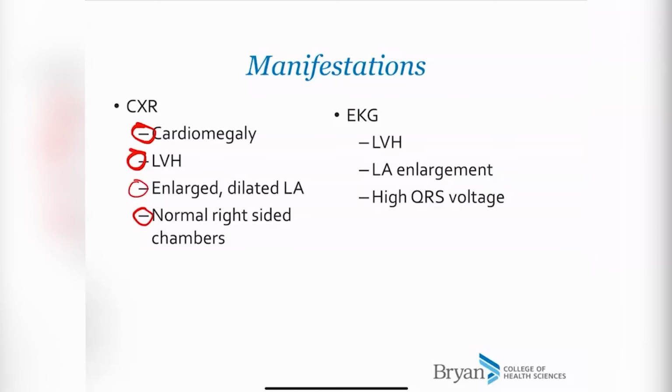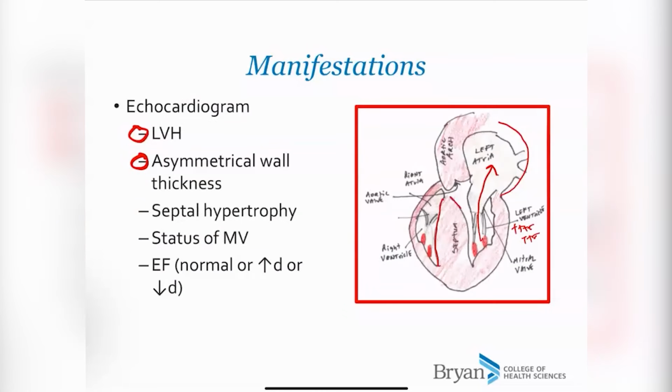In terms of the EKG, we also see left ventricular hypertrophy and left atrial enlargement, causing a high QRS voltage. In our echocardiogram, we will also see that left ventricular hypertrophy. We will see that asymmetrical wall thickness because our septum, again, is improperly constructed. We will see septal hypertrophy.